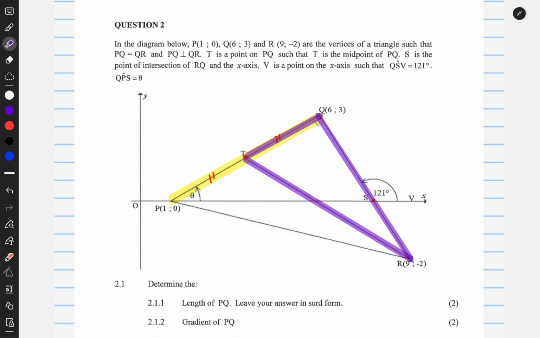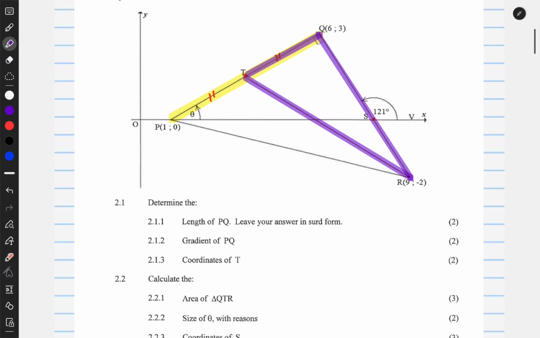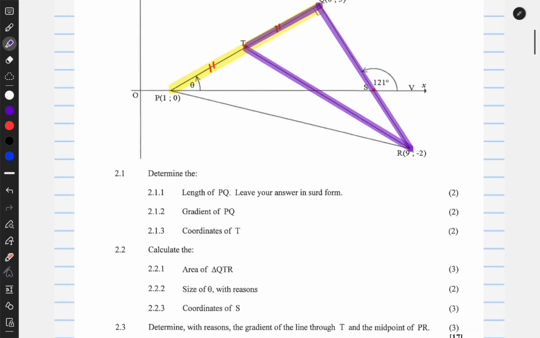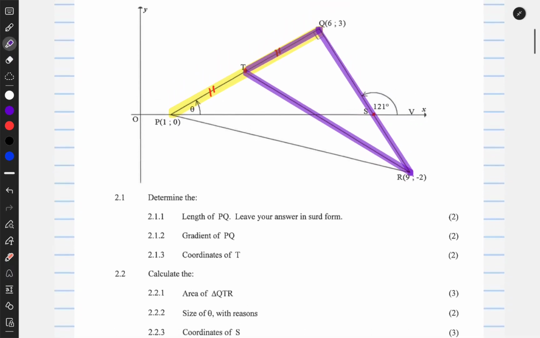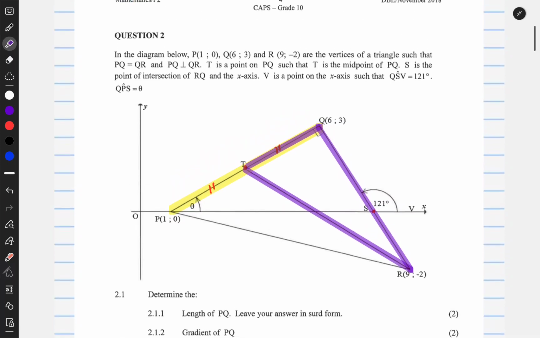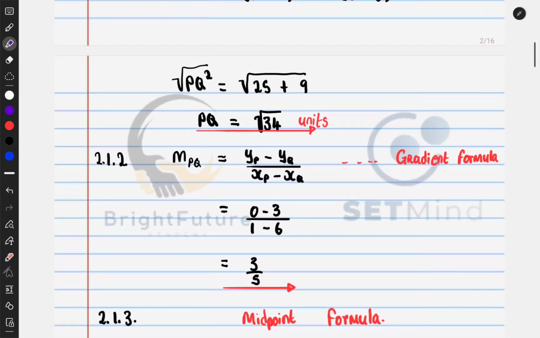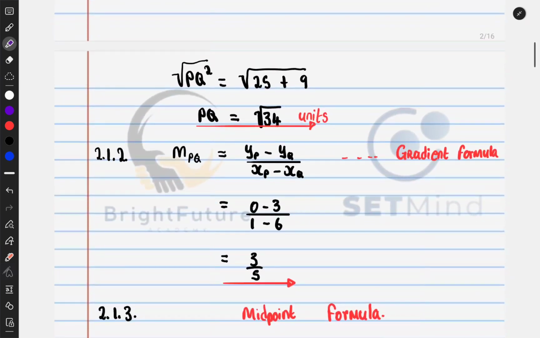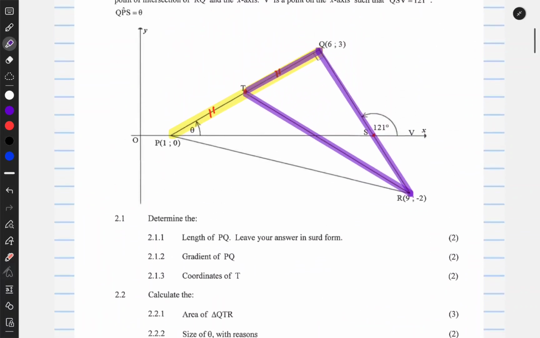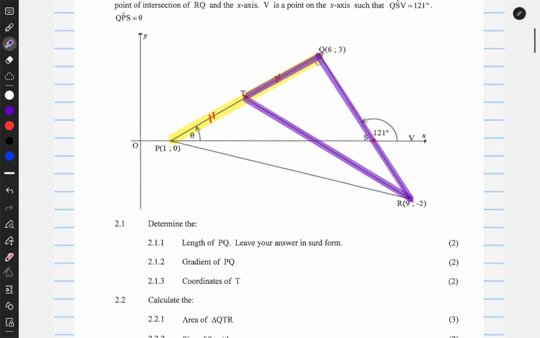And remember that the formula we use to calculate the area of a triangle is half base times height. So our base in this case is going to be what? We're going to take QR. And remember that we were told that QR is equal to PQ. We have already calculated the length of PQ. It was square root of 34. So the length of QR is square root of 34.